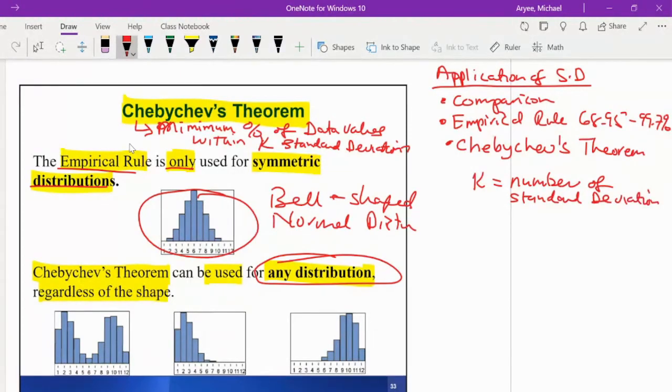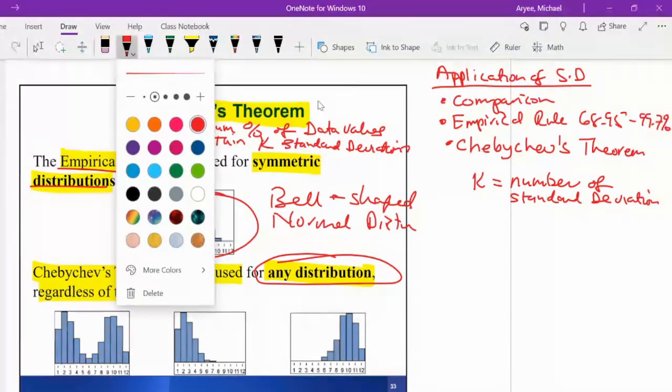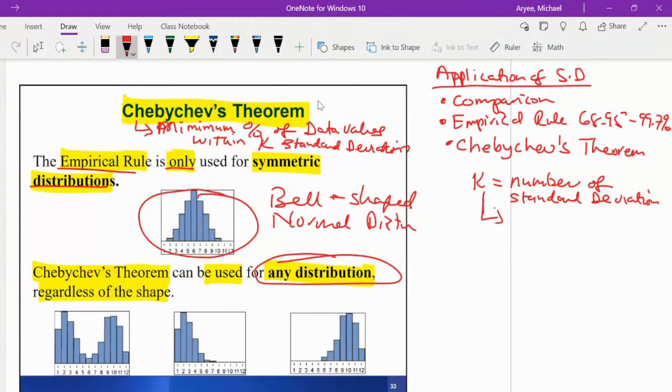The number of standard deviations is different from the standard deviation itself. Think of it as a quantity, the quantity of something, the number of standard deviations.